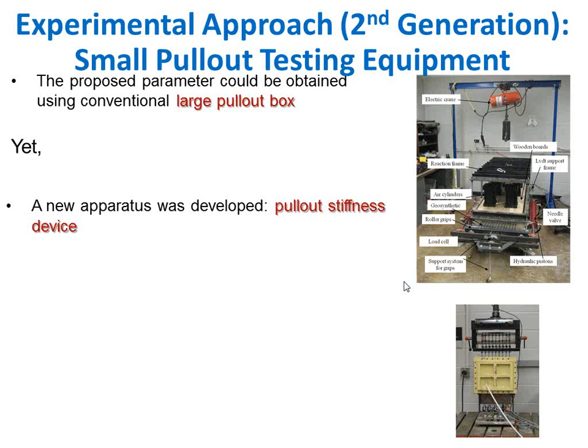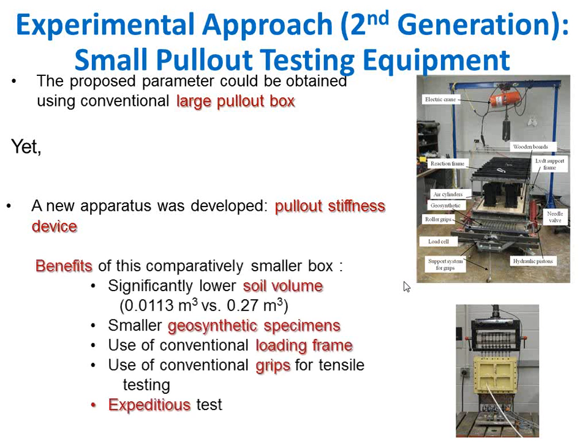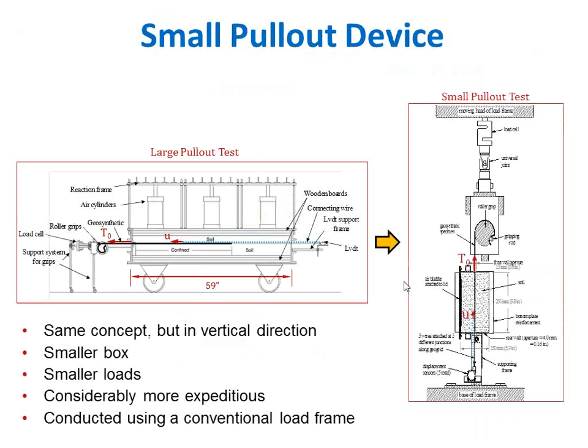But the tests that we have done so far, at least for the purposes of predicting the stiffness, have shown very good compatibility between the results in the large pull-out box and in this small pull-out box. Much faster. So we're replacing this with this to obtain the same parameter.